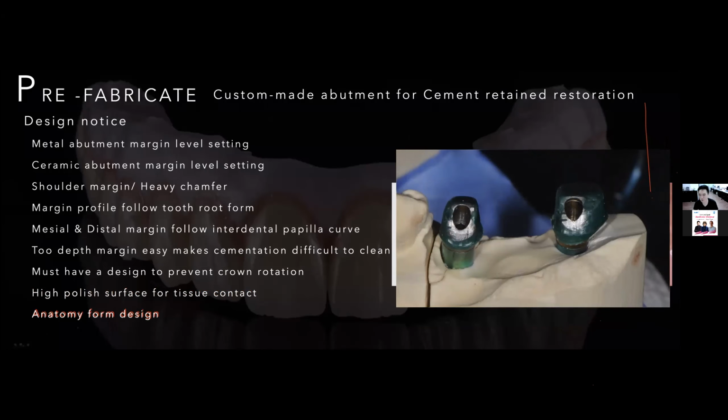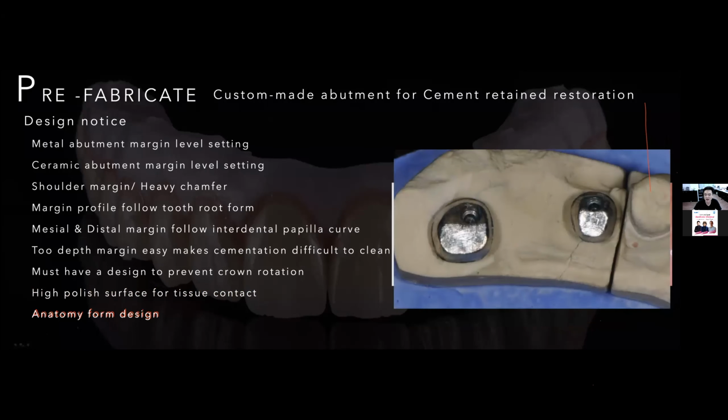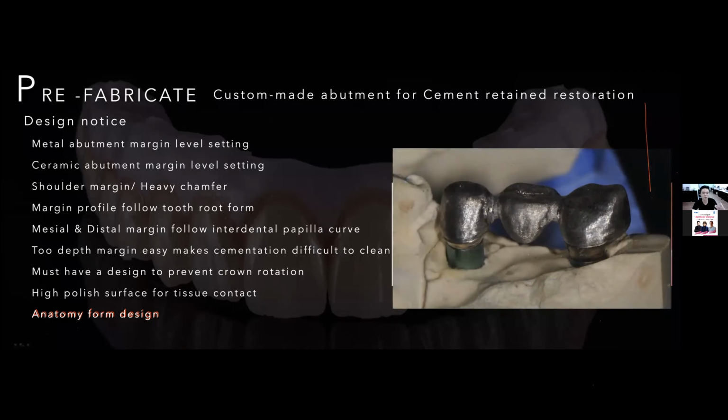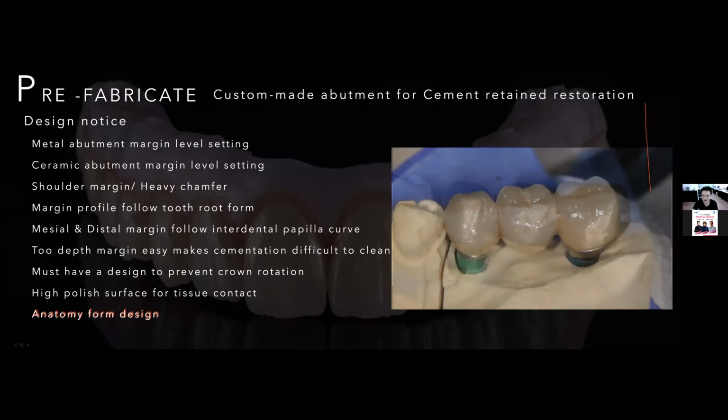But we can create a custom abutment following the anatomical form, and when we finish this step, creating the final restoration is easier, just like a normal neutral abutment restoration. It's very easy, and we also get nicer support. And for the porcelain and the occlusion, it is the same.